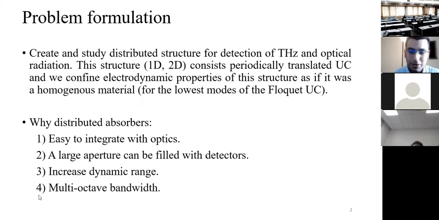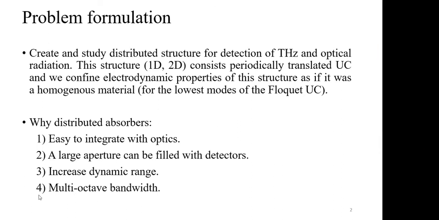Here I'm going to talk about creating and studying distributed structures for detection of Terahertz radiation and some optical radiation. These structures can be 1D or 2D, consisting of a periodically translated unit cell, and we can control the electrodynamic properties.